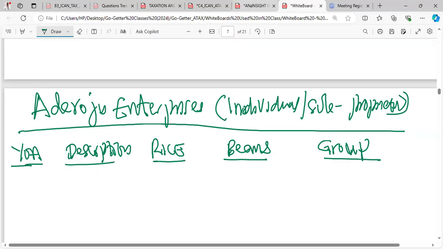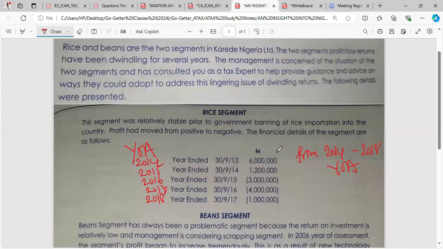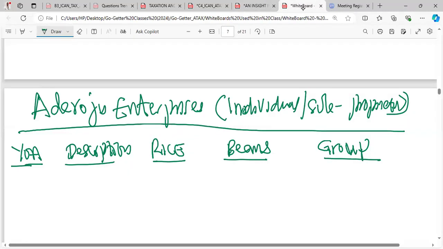So I'll start again with 2014. There was only rice, 6 million. So this is 2014. Accessible profit, 6 million. And this is 6 million.